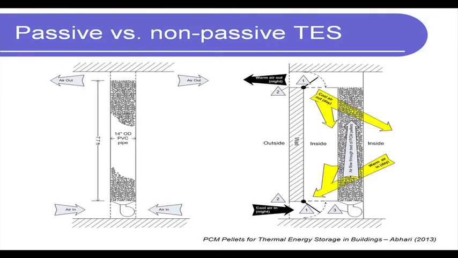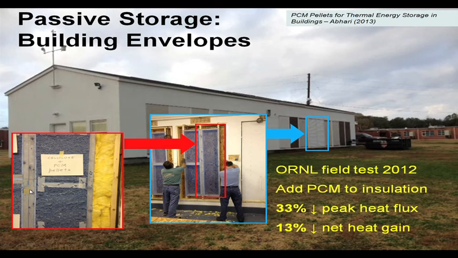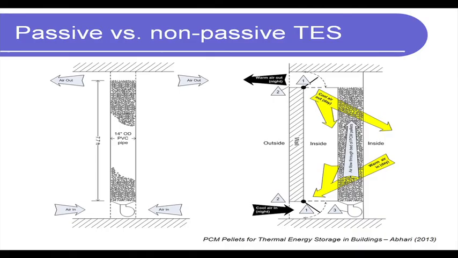In the next one, what I am going to show is passive versus non-passive thermal energy storage. In a non-passive system we actually have a fan. Here, the heat was just coming through the walls, trying to get conducted through the walls, and it was absorbed by the phase change material. In this case, they have pillars filled with PCM pellets.